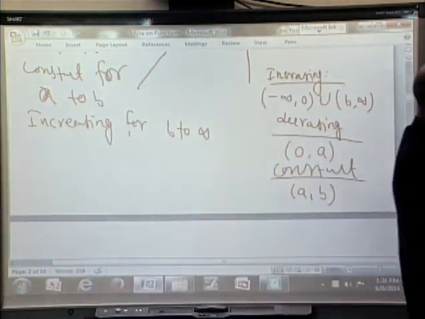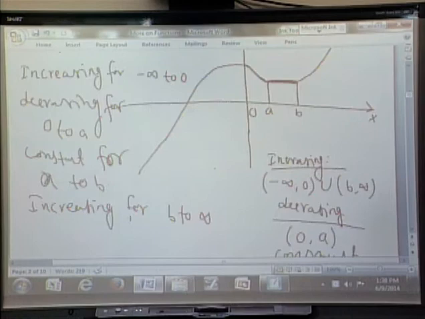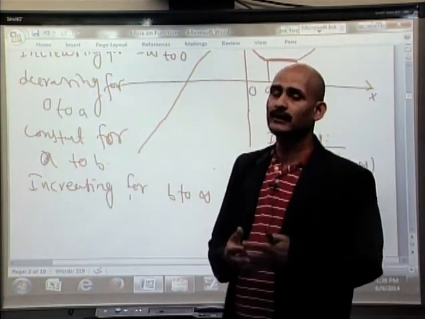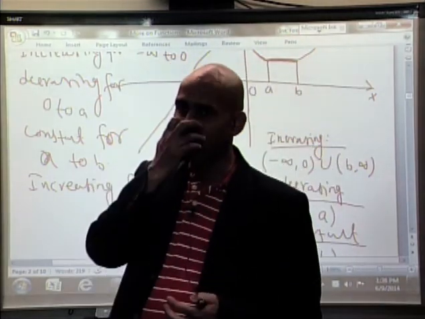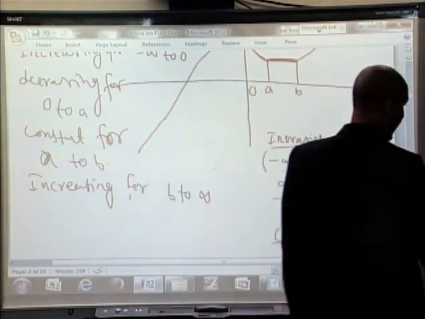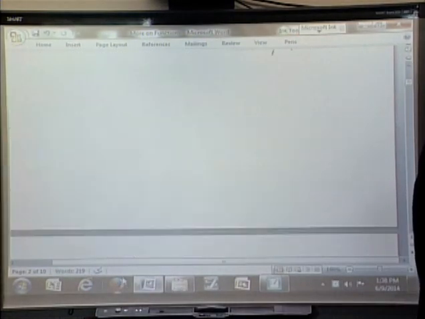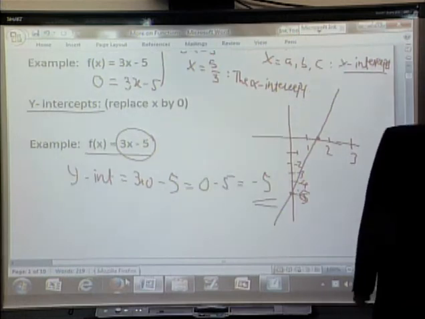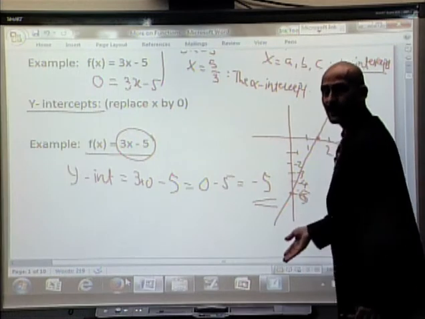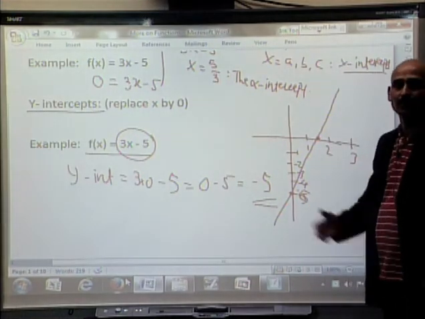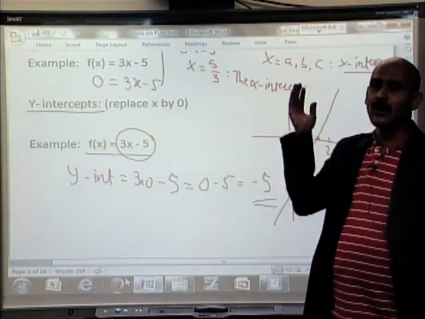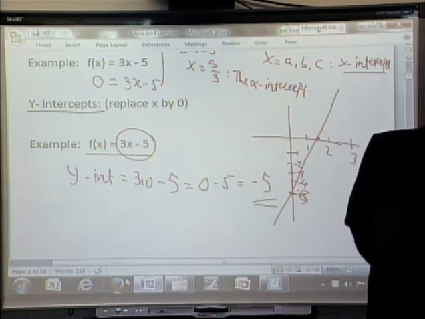So, by looking at a graph of a function, we can identify where the function is increasing, where it is decreasing, and where it is constant. Now, if we go back to our previous example, if we think of this function as always increasing, it is going up and up for everything. So, we can say this function is increasing from negative infinity all the way up to positive infinity.